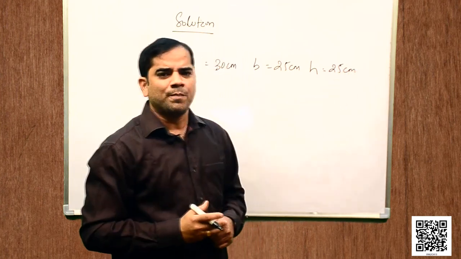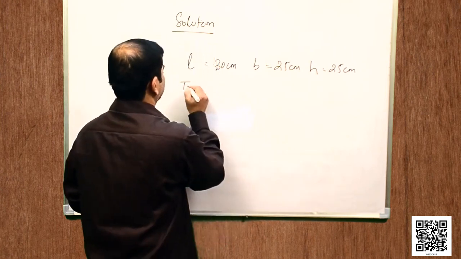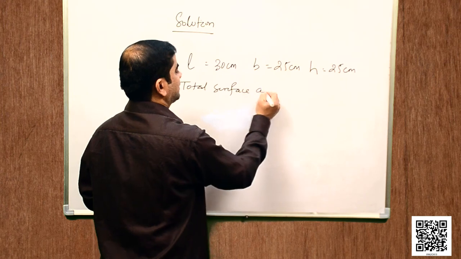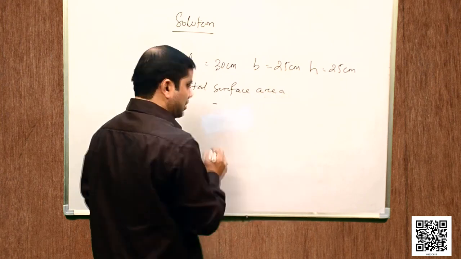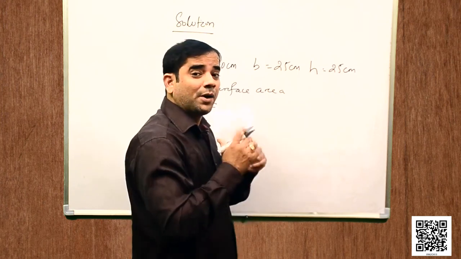Fine. So what is the total surface area of the greenhouse? The total surface area is equal to, see, it is a cuboidal shape.